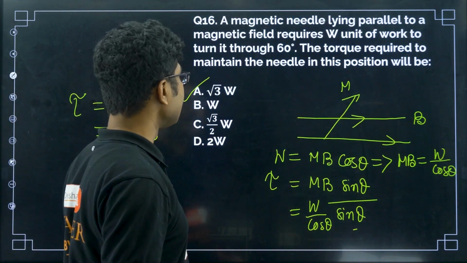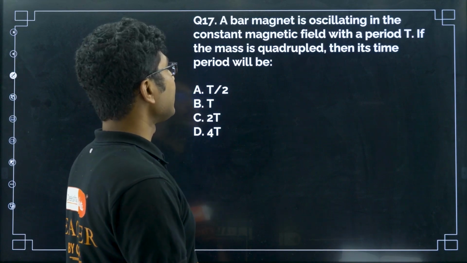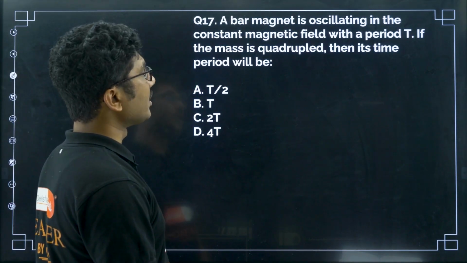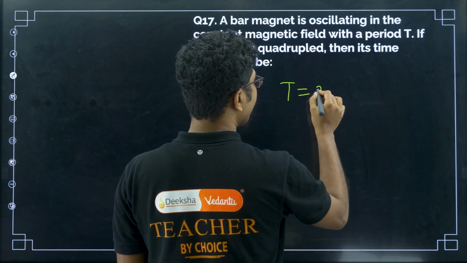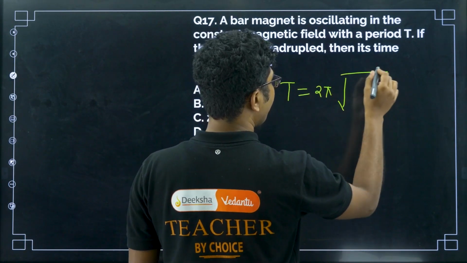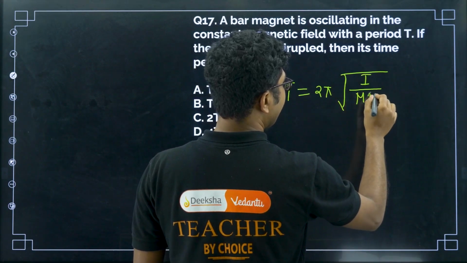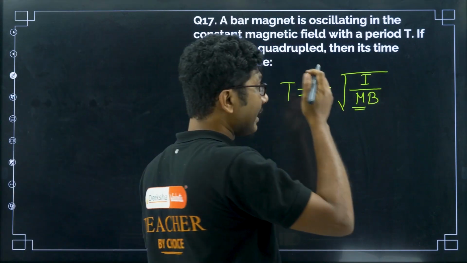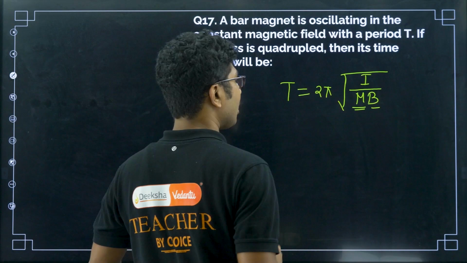Very simple, interesting question. A bar magnet is oscillating in the constant magnetic field with a period T. If the mass is quadrupled, then the time period will be. So time period of oscillation, I told you, is 2 pi root over of I by MB. Here don't confuse this M with mass. This M is magnetic dipole moment, B is magnetic field, I is moment of inertia.